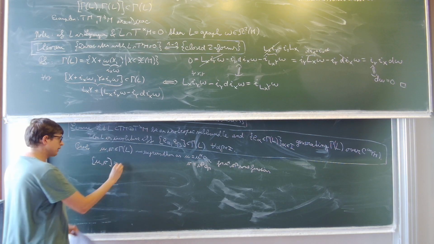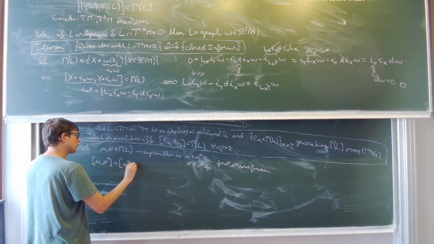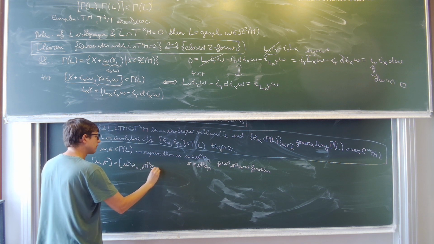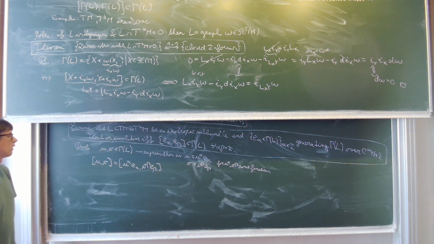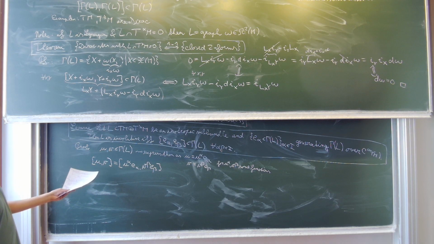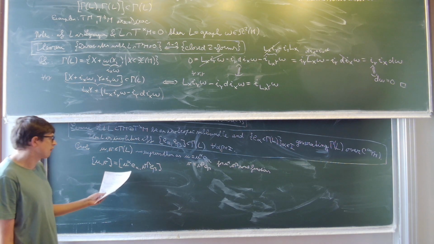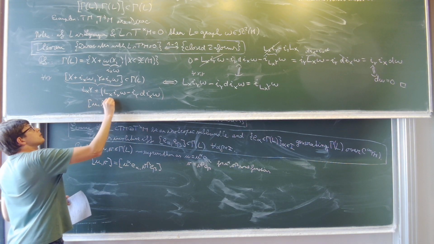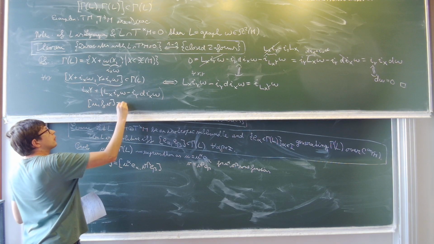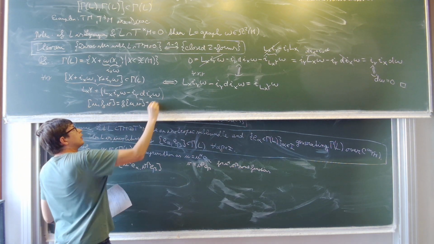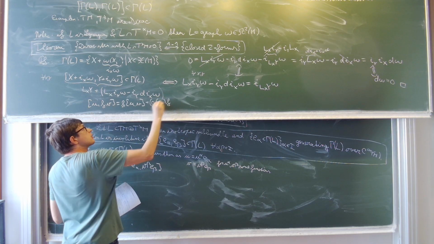So what is the commutator of these guys? Not commutator, sorry, the bracket. Let's use the properties that we already know. One thing that we know, and it's no longer on the board, is that if you have two guys and one is multiplied by a function, then you can take the function out, but you will get another term, which is the anchor.